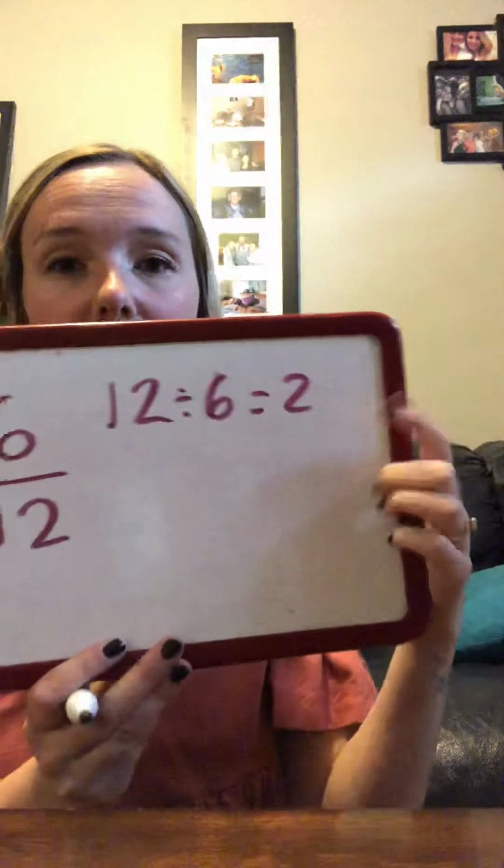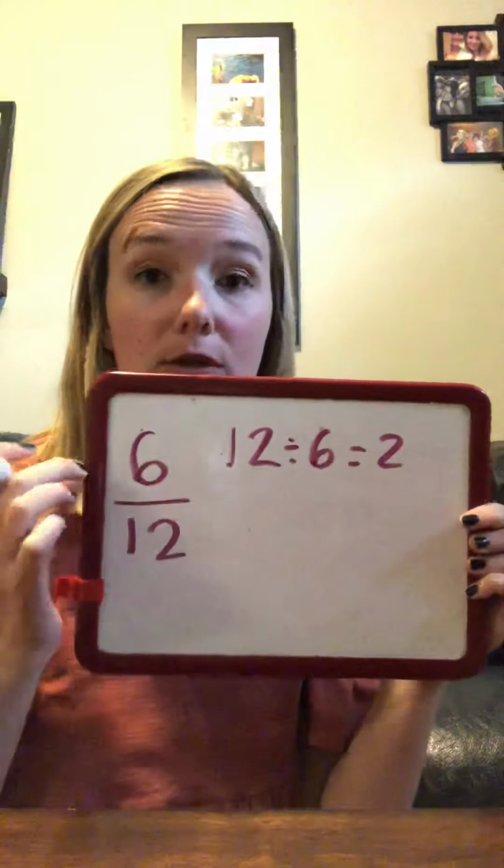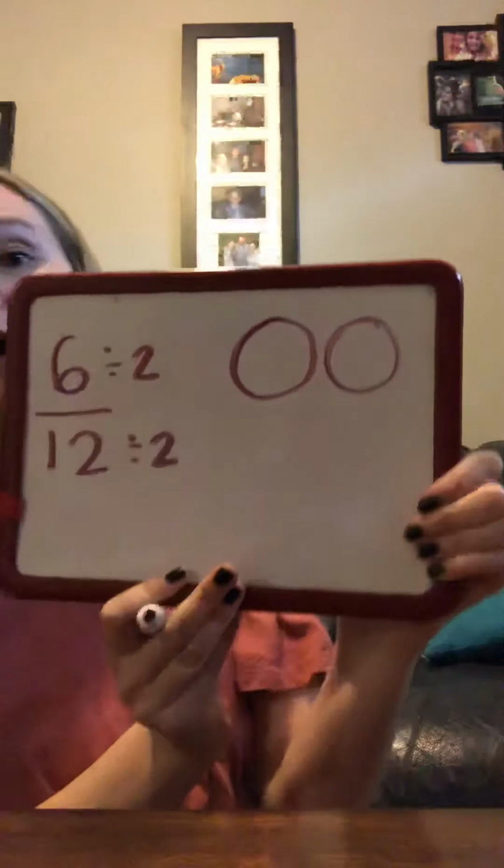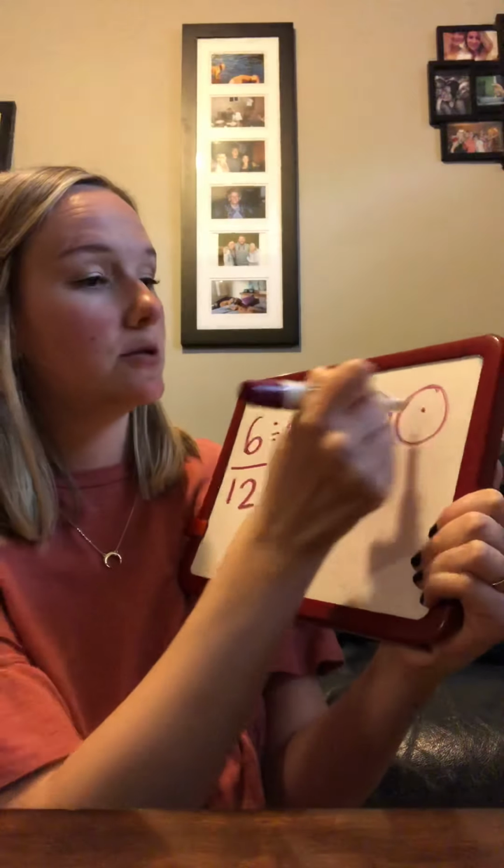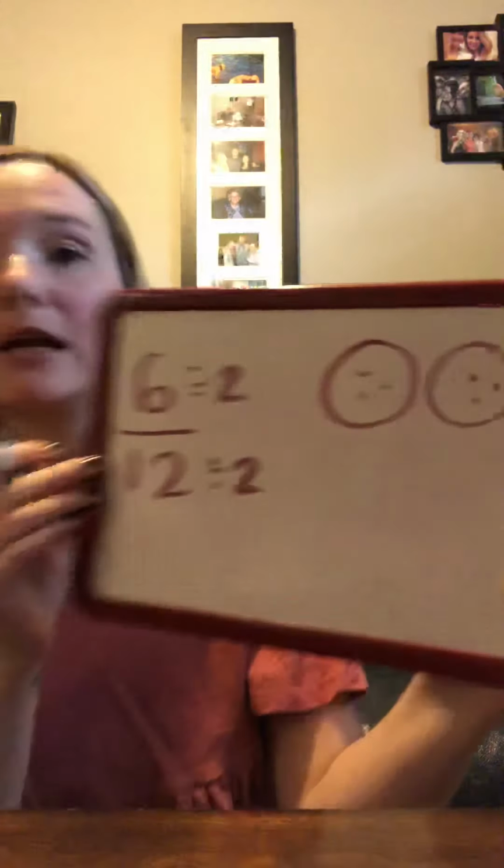So I'm going to take this 2 again, and I'm going to divide the numerator and the denominator by 2, and I'm going to see what it gets me. So 6 divided by 2 and 12 divided by 2. So 6 divided by 2, I've got 2 circles, and I've got to get rid of the 6. So 1, 2, 3, 4, 5, 6. I've got 3 in each circle, so my new numerator is going to be 3.